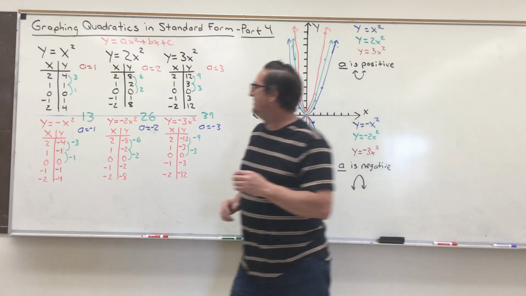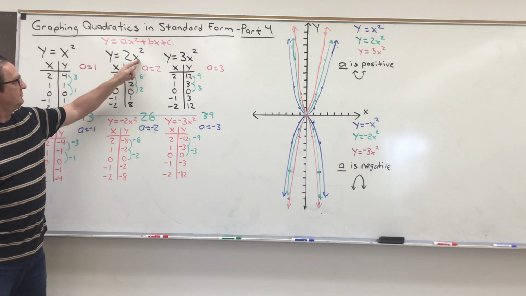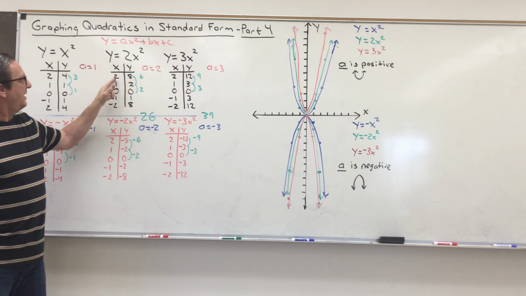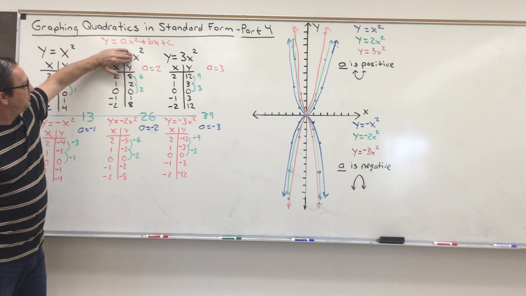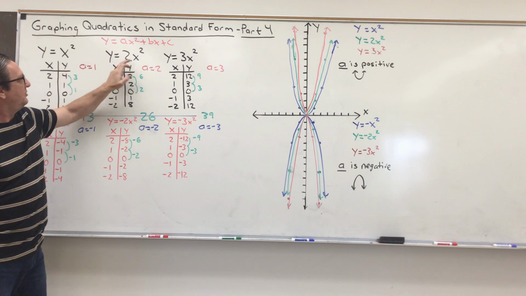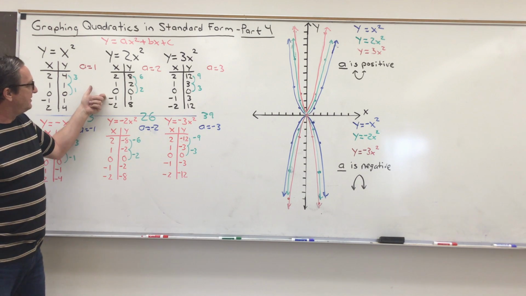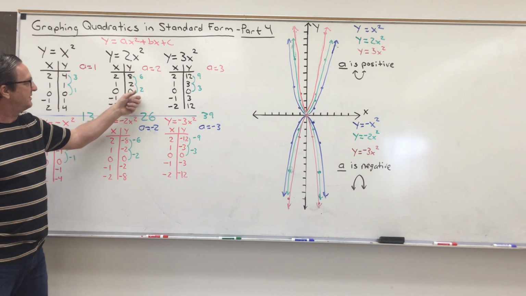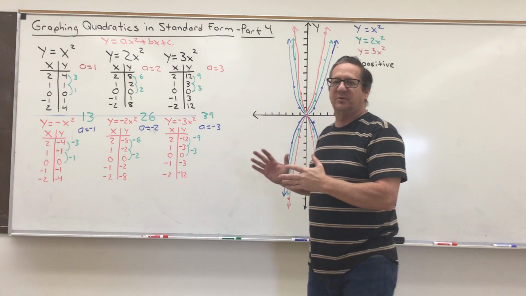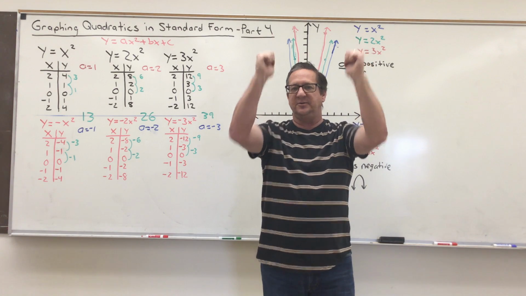What we can pretend I did is I substituted in 1, and I got 1 squared is 1, 2 times 1 is 2, and I substituted in 2, so you have to do exponents first, so 2 squared is 4, 2 times 4 is 8. And we'll pretend that I plugged in negative 1 and negative 2 and got the same values. Or remember, parabolas have symmetry. So we are basically here, here, and here.